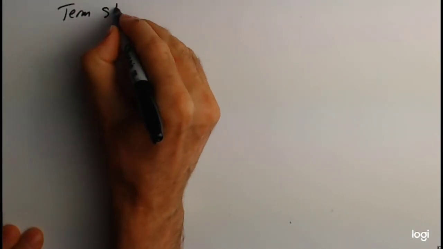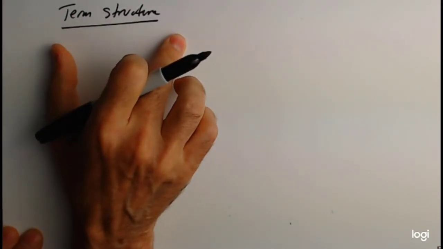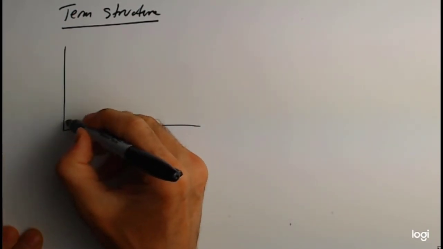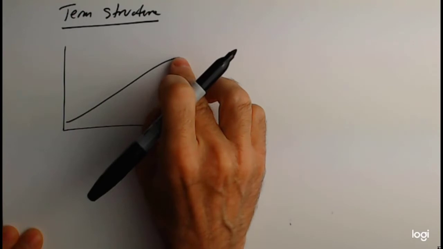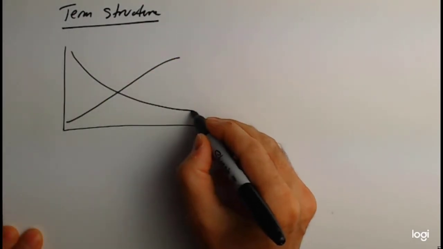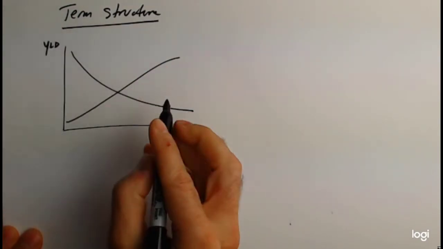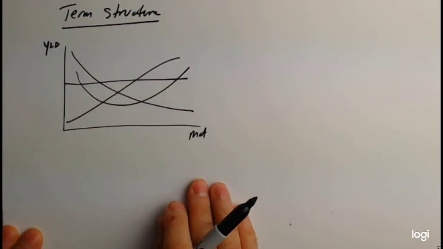So now let's move into term structure. As soon as you hear the word term structure, it's term structure of interest rates. And what we're referring to is what describes the shape of the yield curve. Is it upward sloping? Is the yield curve downward sloping? Remember, this is maturity and this is yield on this axis. Is the yield curve flat? Does it have a U shape? What explains that?